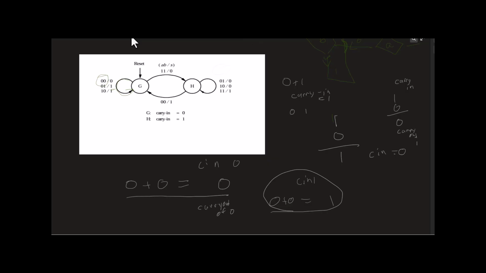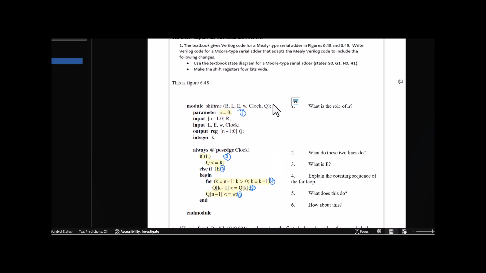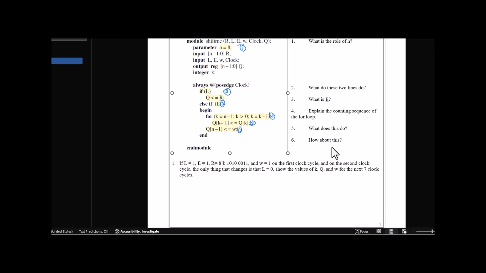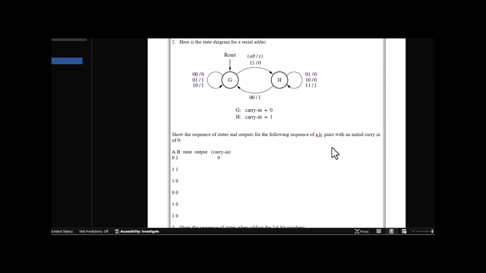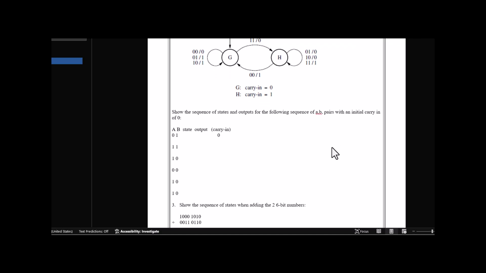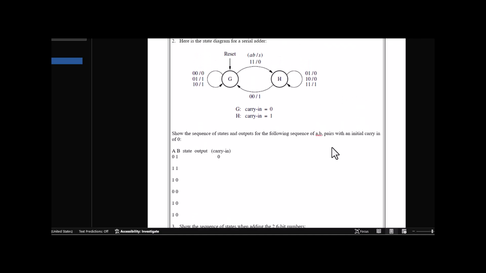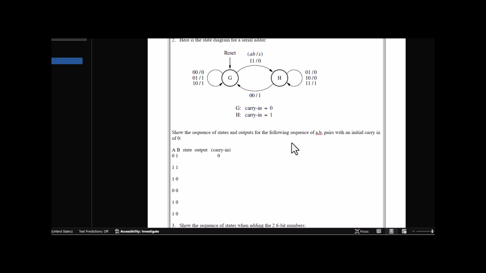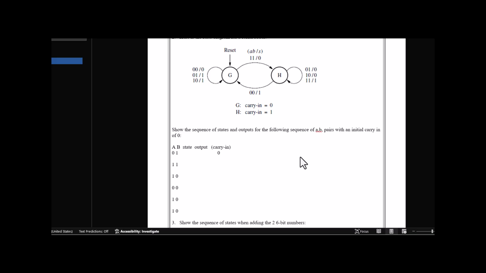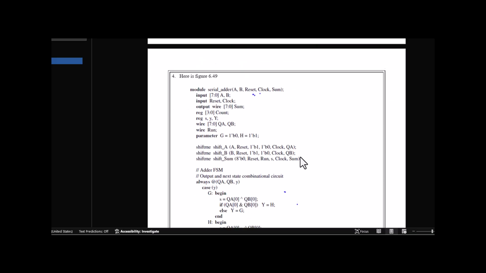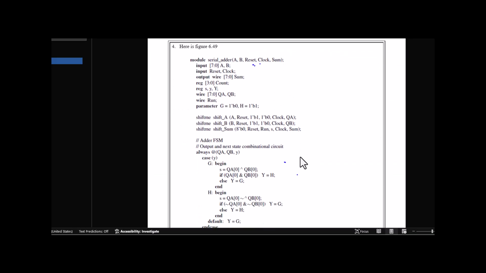How would there be a question on that? Would there be a question? Let me think. When there has been a question on it, it was interpreting some Verilog, and showing the states and sequences like what we were just doing, and then here's the Verilog on it.